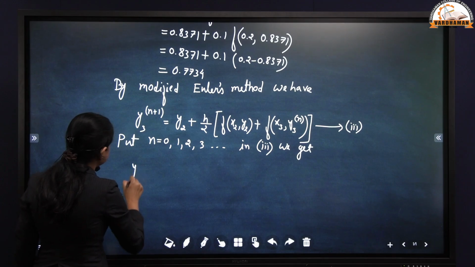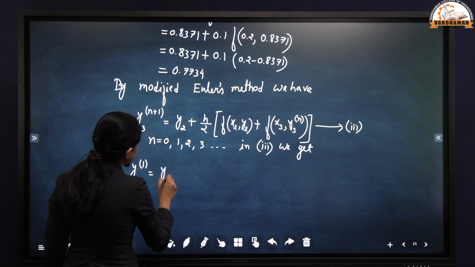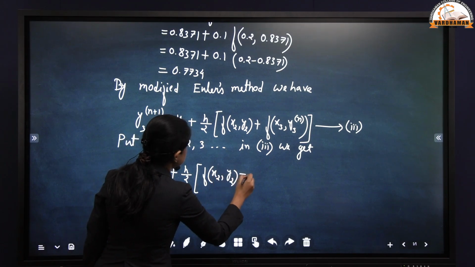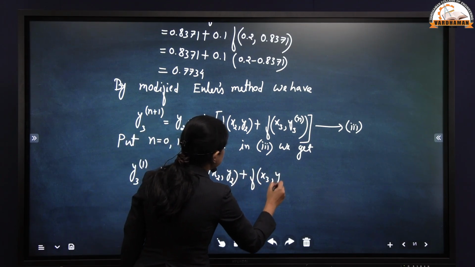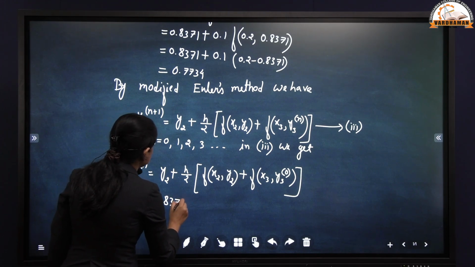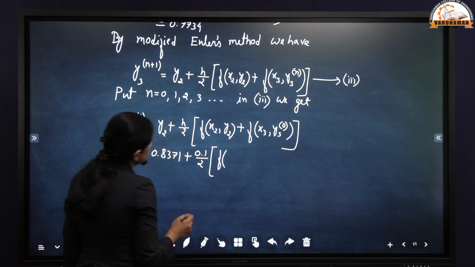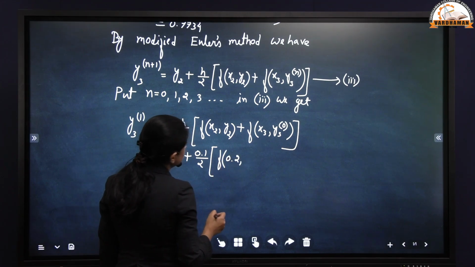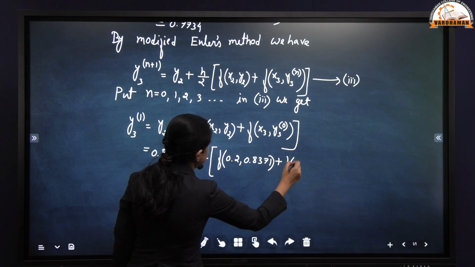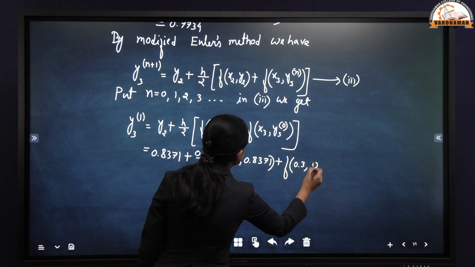If we put n equal to 0, we get y3¹ equal to y2 plus h by 2 f of x2 comma y2 plus f of x3 comma y3⁰. y2 is 0.8371 plus h is 0.1 by 2. f of x2 is 0.2, y2 is 0.8371 plus f of x3 is 0.3 and y3⁰ is 0.7734.